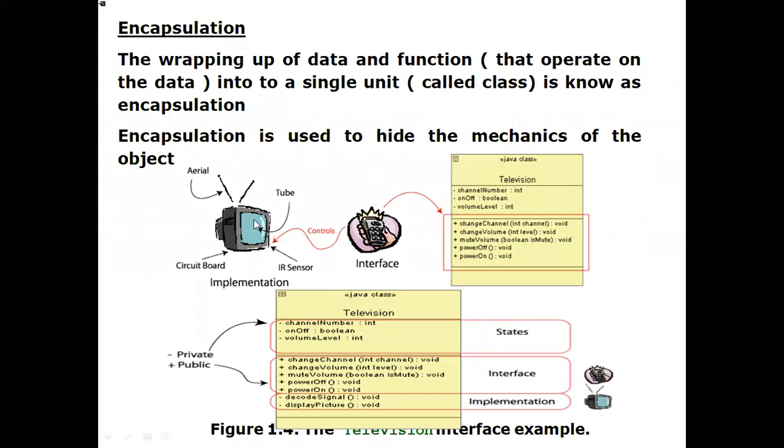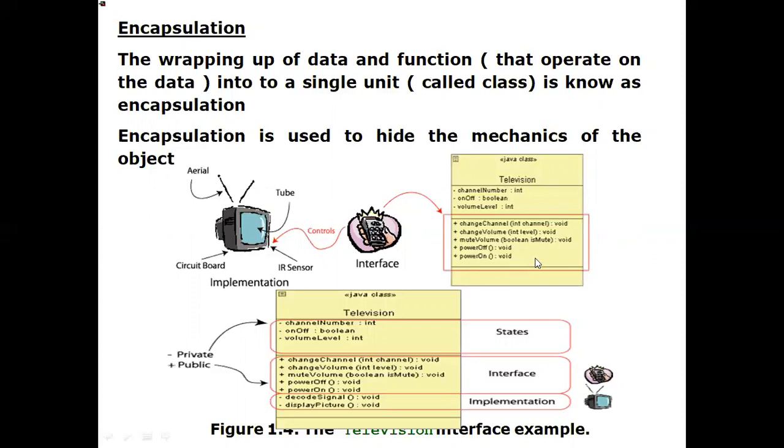Now encapsulation: wrapping up of data and functions. Now what are the characteristics of a class? How can you show a class with the help of this property, that is encapsulation? When we wrap data and functions in one unit, we call that a class, and it shows the encapsulation property.